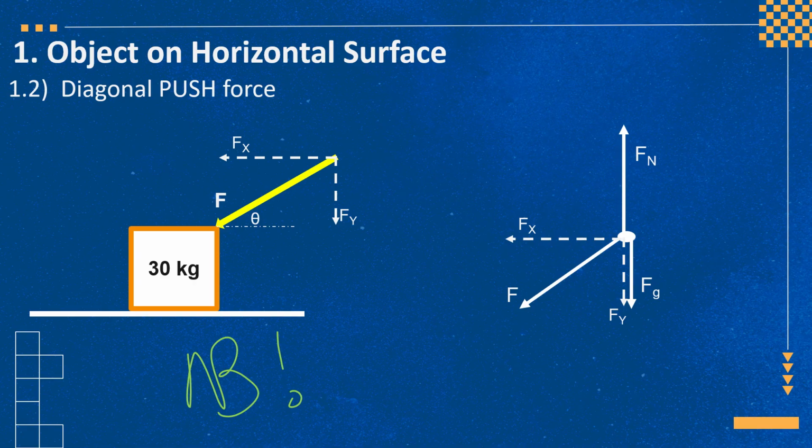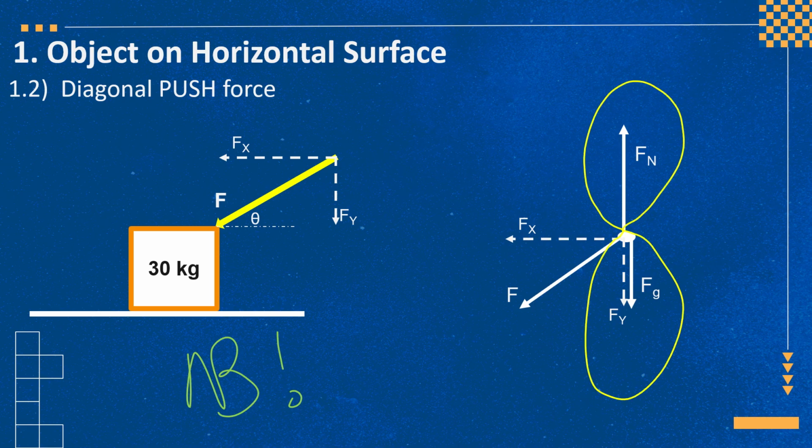Now, because this box does not sink into the table, we know that all the forces upwards are equal to all the forces downwards. Otherwise, that box would either have hovered above the table or sunk into the table, but it's not. So we know that all the forces up are equal to all the forces down.